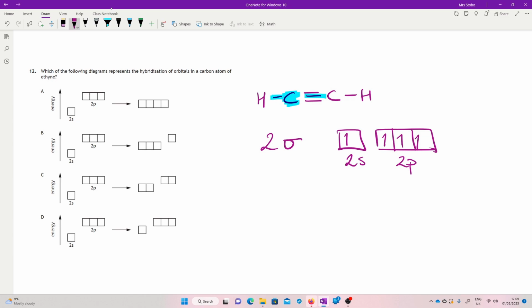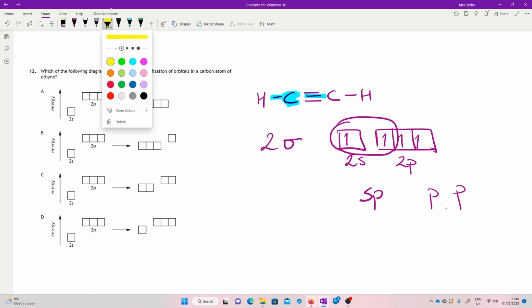Then we hybridize to get 2 identical ones at the lowest level, so that is an sp hybridization, leaving me with my 2 single p's, which can be used to make my pi bonds, of which you have 2, one on either side of the sigma.